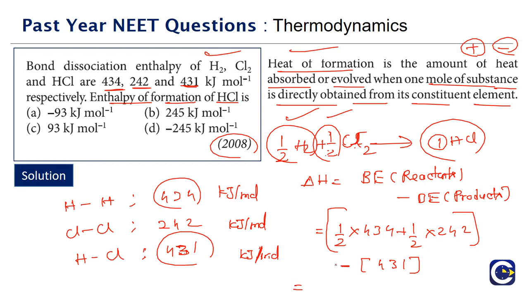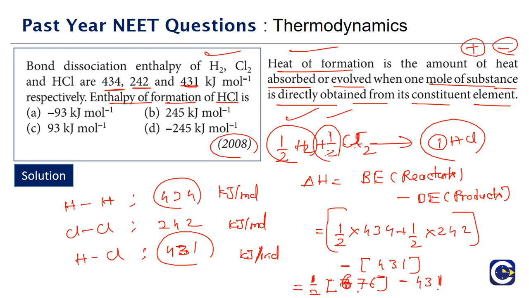So if we simplify it, right, it will be coming as what? So half into, what is this? Half into 434 plus 242. It is going to be 676. Okay, minus 431.